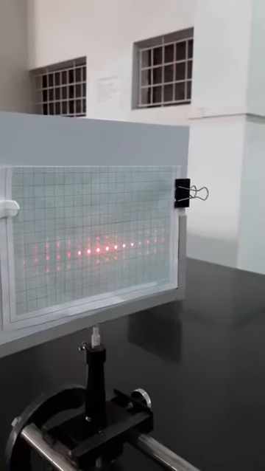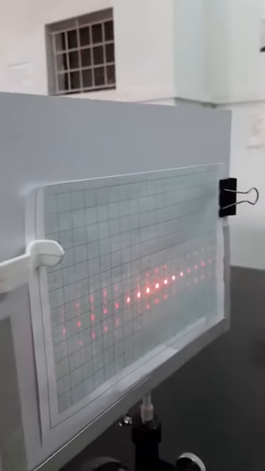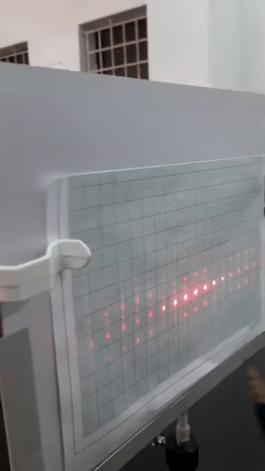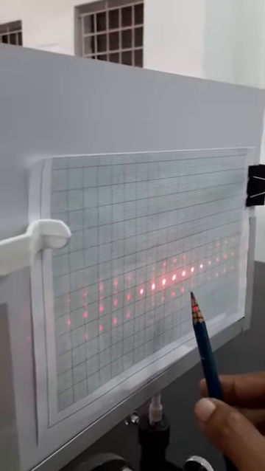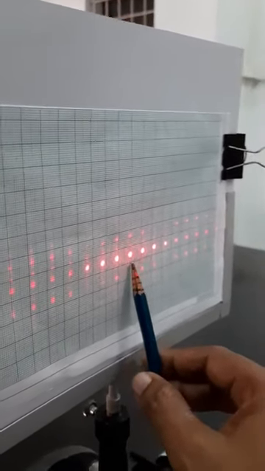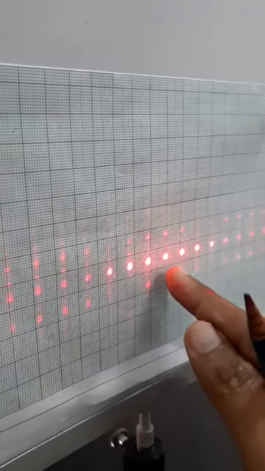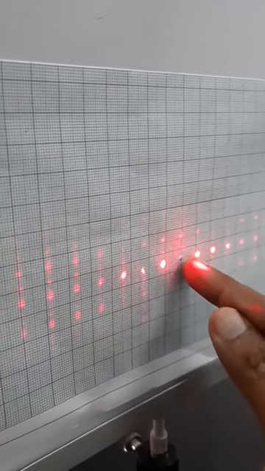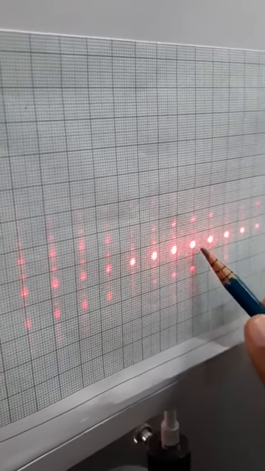Now what you have to do is mark the position of different orders of fringes on the screen. You should ensure that when all the setup is done, the central maxima falls on the exact position where we had marked. If you look at this, you can see that there is a pencil marking here, which is where the central maxima is.